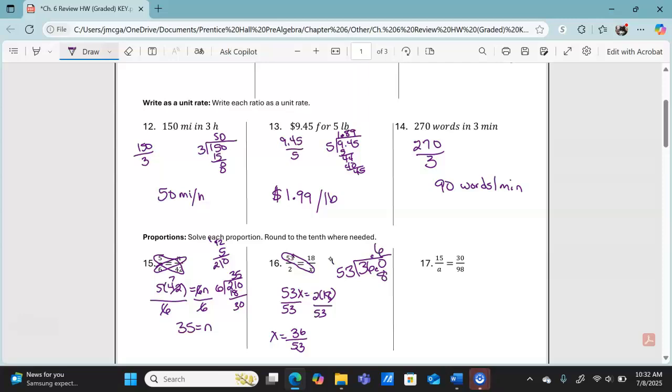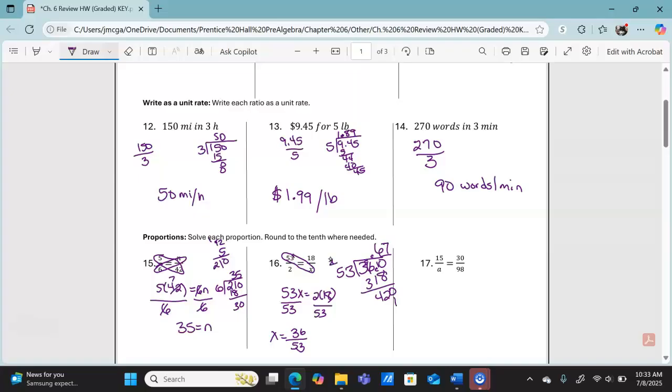Carry the 1. 6 times 5 is 30 plus 1 is 31. And then subtracting here, 10 minus 8 is 2. 5 minus 1 is 4. And let's try 7. 7 times 3 is 21.